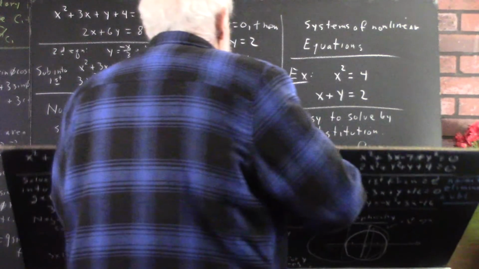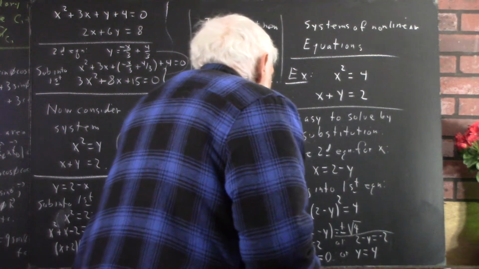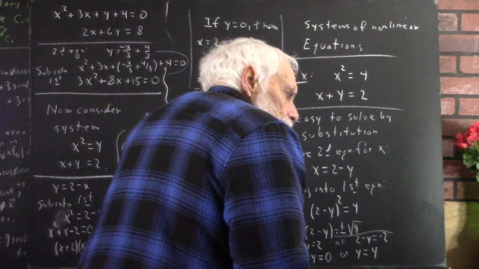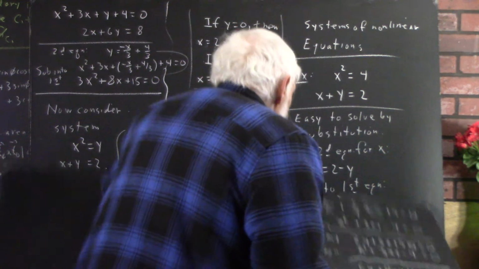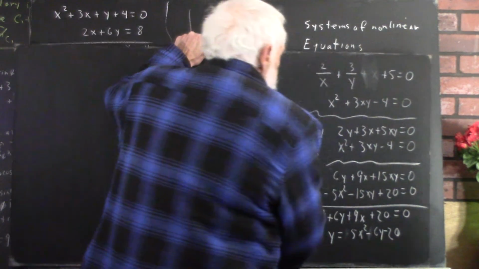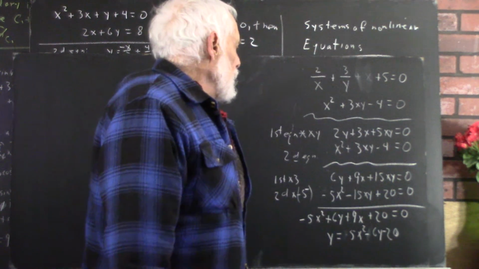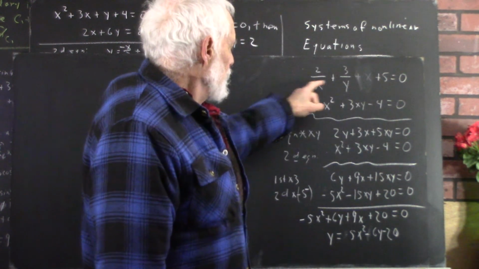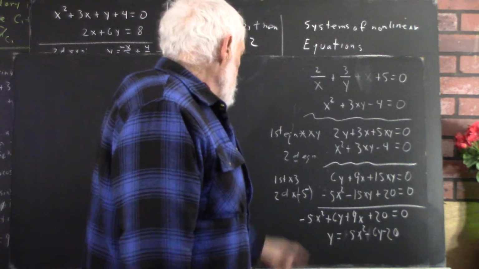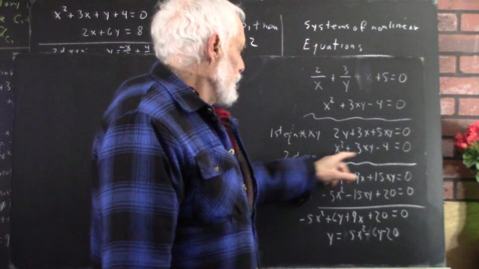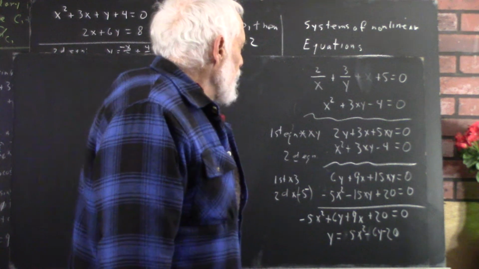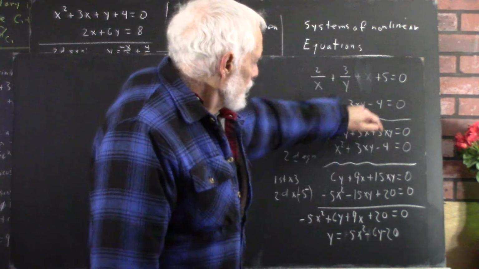One other example that I guess I did on the back of this board is this one. Multiplied the first equation by xy to get this. Multiplied the second, or just took the second equation as it is, and I found that I could eliminate xy.